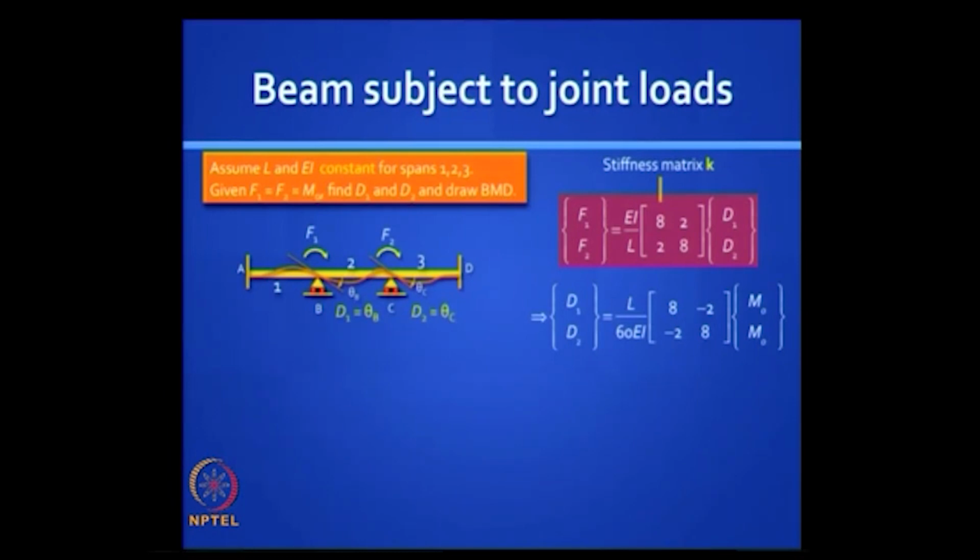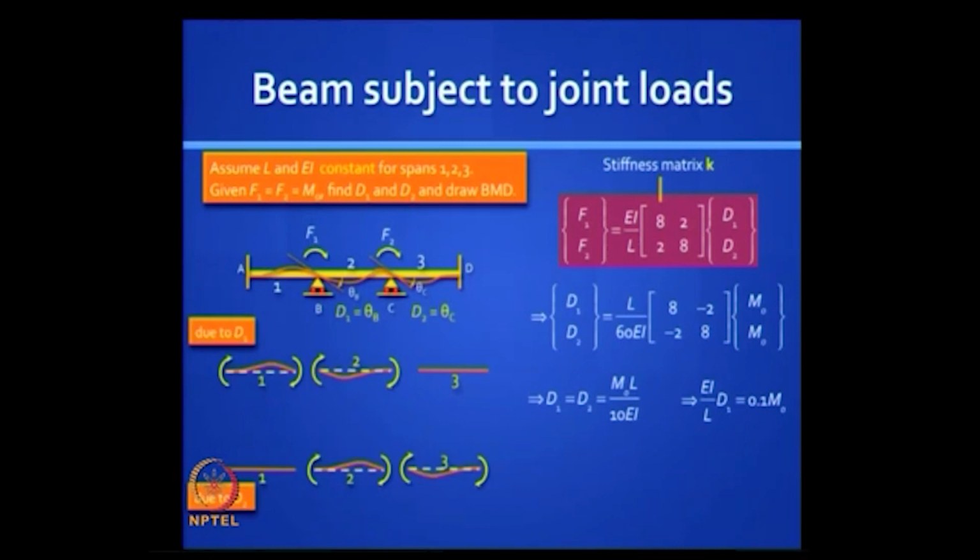Can you draw small sketches showing the kind of end moments you get when you apply only D1 with D2 restrained? The answer is both D1 and D2 are equal to M naught L by 10 EI, which means EI by L into D1 is 1 by 10 M naught, which is 0.1 M naught. Is it clear? This is straightforward.